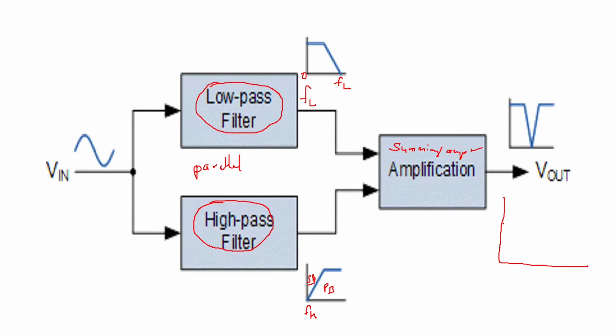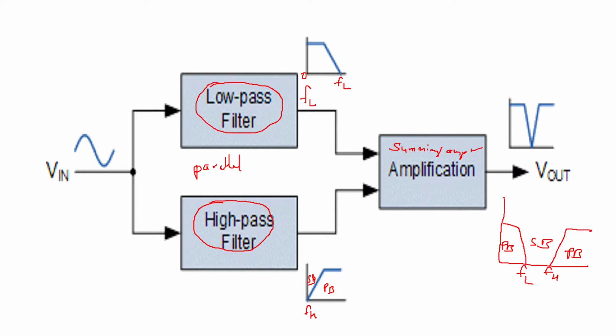First, you will have the low pass filter characteristics, and then the high pass filter characteristics. So this is your pass band. This is the cutoff frequency of the low pass filter, and this is the cutoff frequency of the high pass filter. This is pass band, and this is stop band.